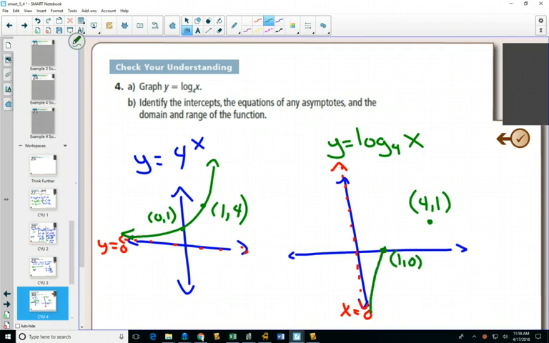And the shape of your log graph looks like this. So identify any intercepts. Well, there's no y-intercepts, but we do have an x-intercept. We have an equation of our asymptote at x equals 0.